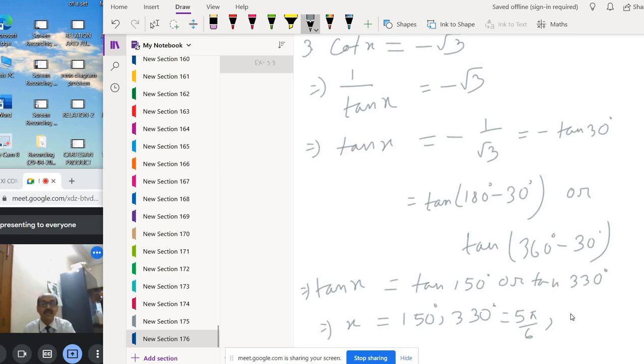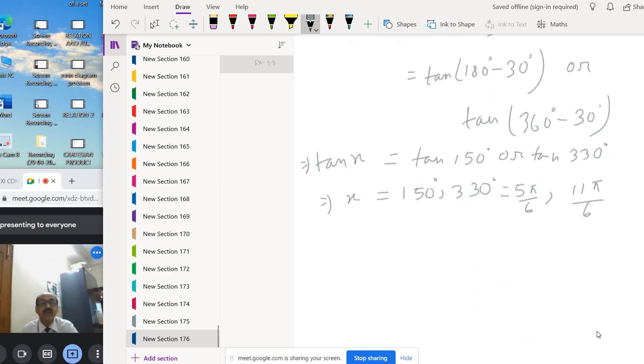So these two are the principal solutions. All of you understand the principal solution, how to find it? Yes, sir.